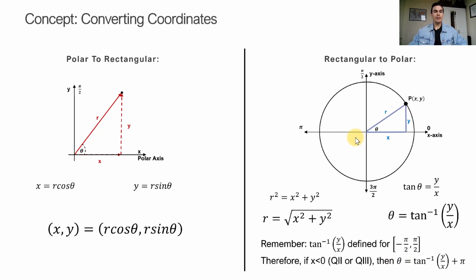If I have some theta value that puts me over here in quadrant 3, adding pi to that brings me back around to quadrant 1. So keep that in mind when you are working with your inverse tangents, thinking about what your angle is and where inverse tangent is actually defined.